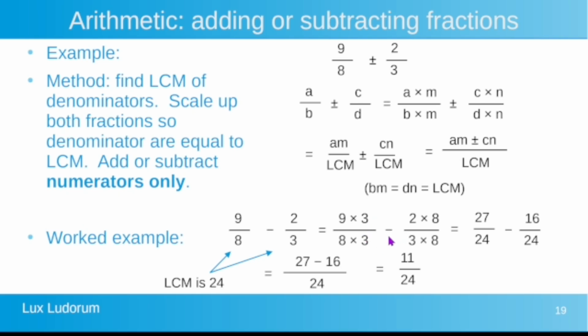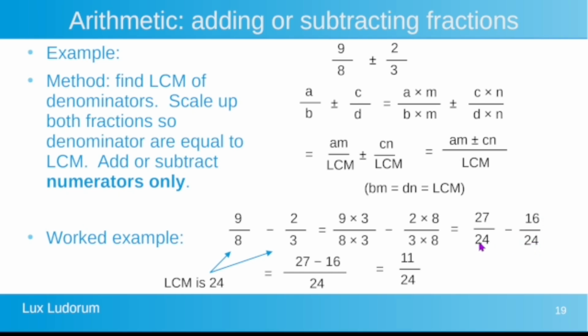Second fraction, I've got to multiply the 3 on the bottom by 8 to give 24, so I do the top times 8. And that gives me, for the first fraction, 9 times 3 is 27, 8 times 3 is 24. And I've got the minus, and then the second fraction, 2 times 8 is 16, 3 times 8 is 24.